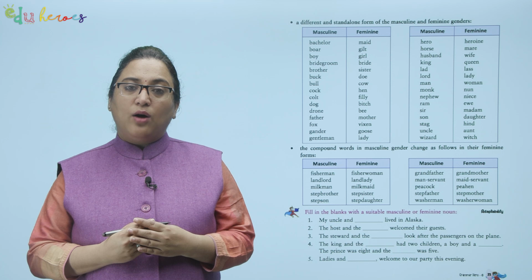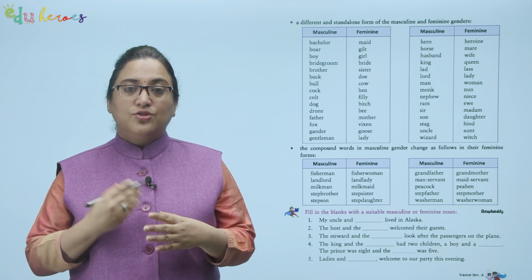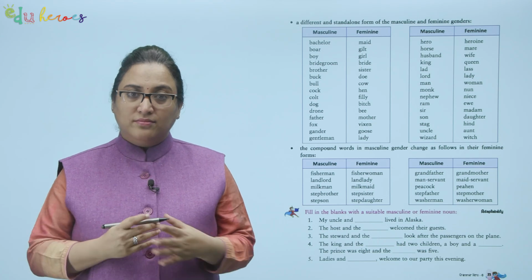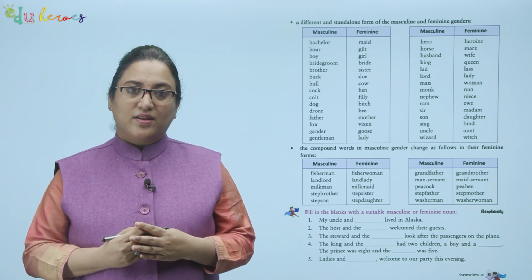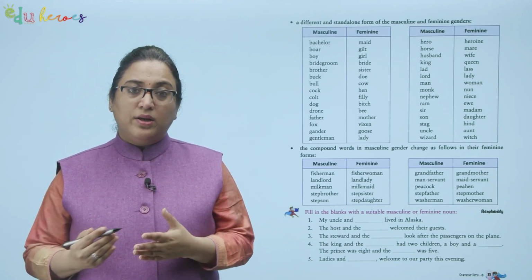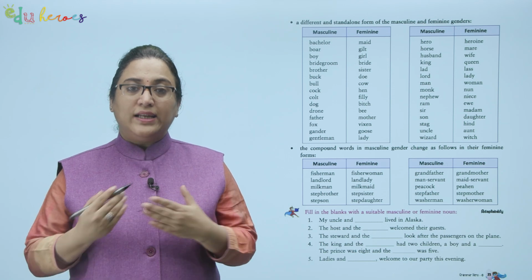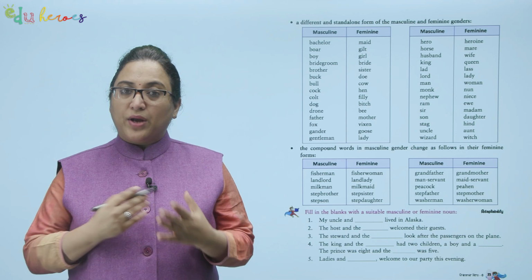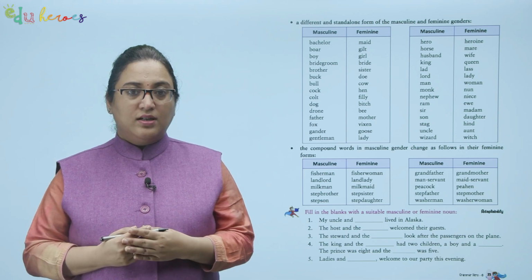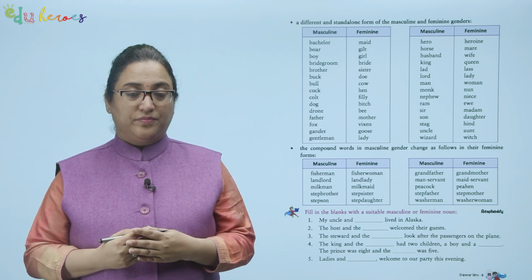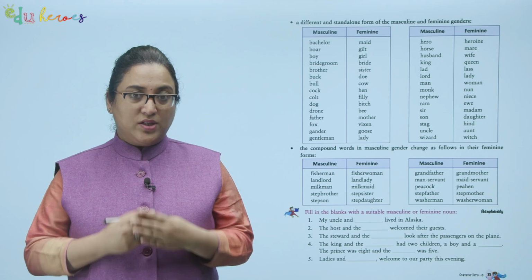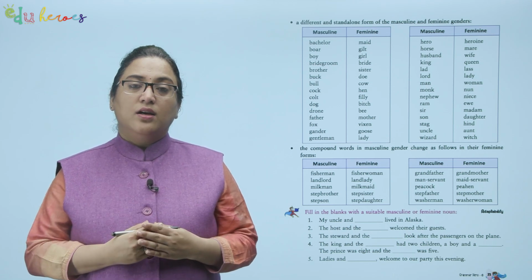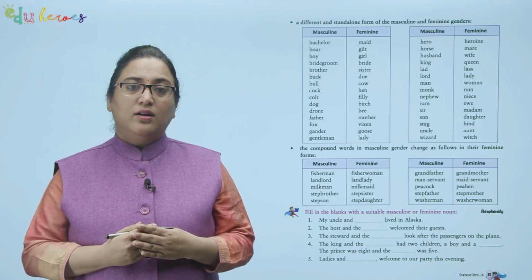Now children, the compound words in masculine gender change as follows in their feminine form. Let's see. Fisherman, fisherwoman, landlord, landlady, milkman, milkmaid, stepbrother, stepsister, stepson, stepdaughter. If you have observed, all the ones in the masculine and also in the feminine form are compound words.